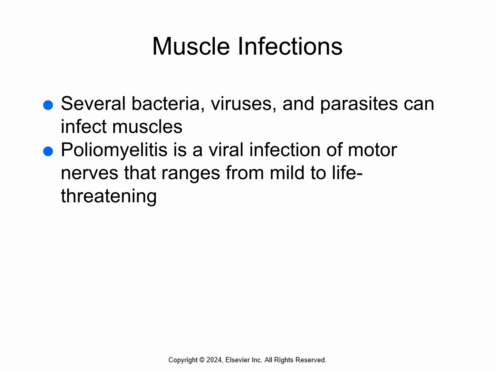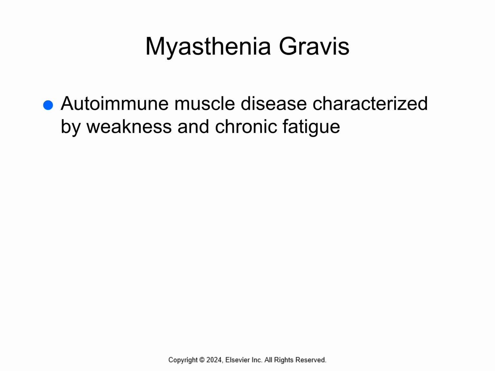Some muscle infections, since you guys are in microbiology and know this: bacteria, viruses, and parasites can affect the muscles. Poliomyelitis is one. It's a viral infection of the motor nerves to your muscles, and it can be life-threatening. Why? Because it can shut down your muscle activity, then you won't be able to breathe. The last myopathy I want to talk about is an autoimmune disease called myasthenia gravis.